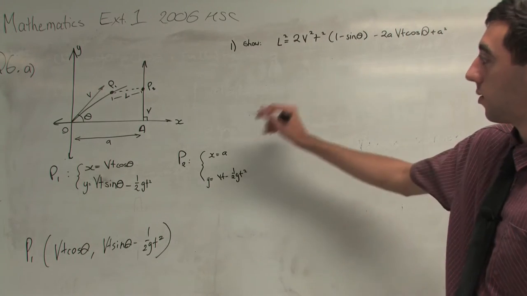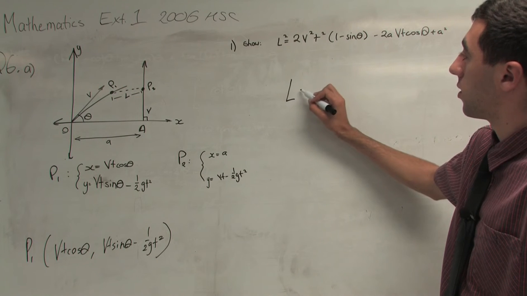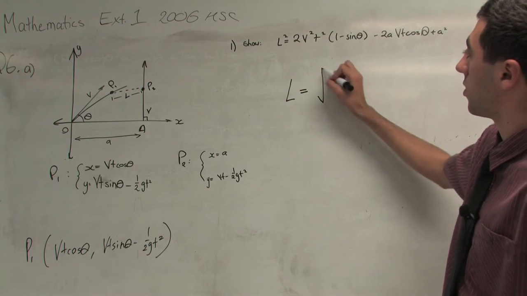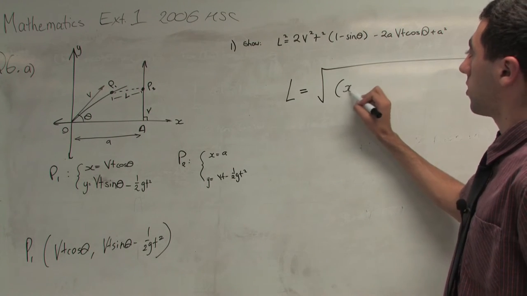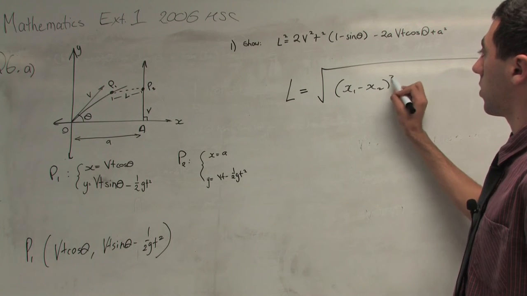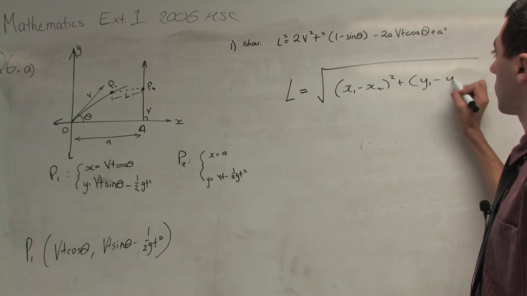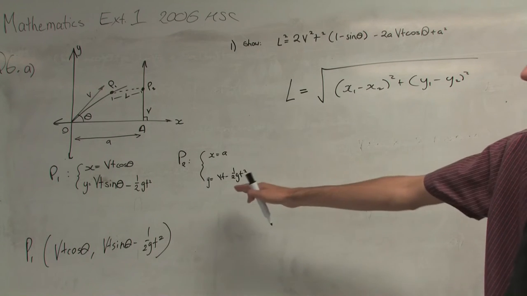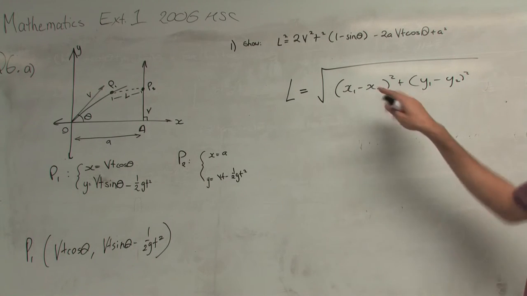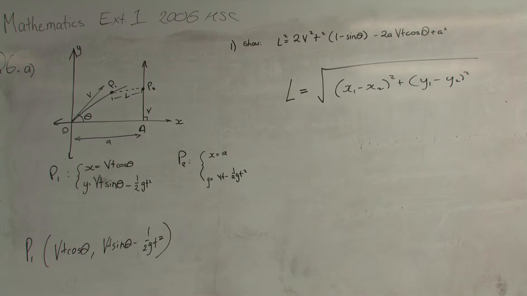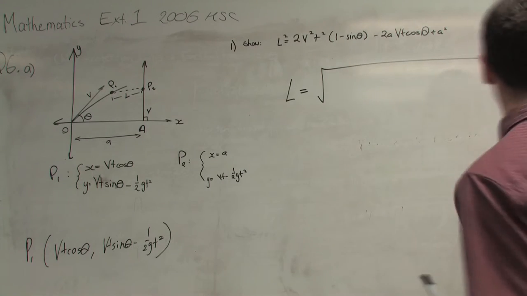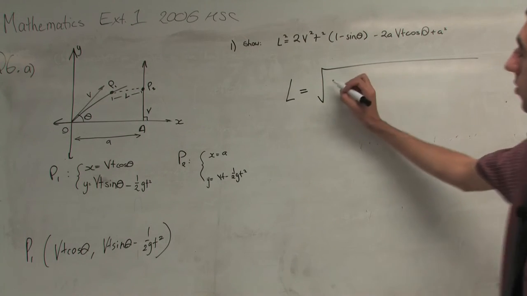So we're going to be doing that by using the distance formula. We'll call it L. And as you know, the standard distance is the square root of x1 minus x2 squared plus y1 minus y2 squared. So we're just going to be substituting these values. So let's get started. First we'll take the difference between the x values.